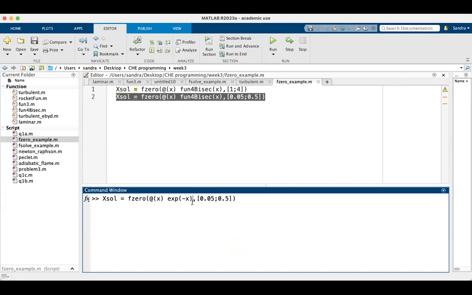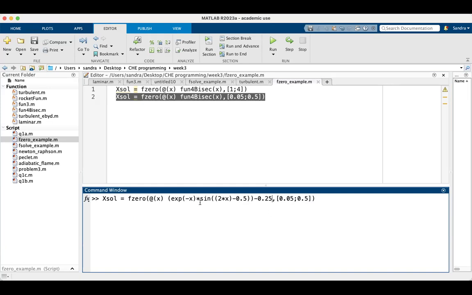Multiplied by sine 2x minus 0.5. I'll just put a bracket. And this whole thing has to be subtracted by minus 0.25, right? This is the equation.